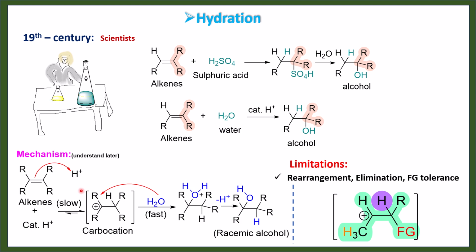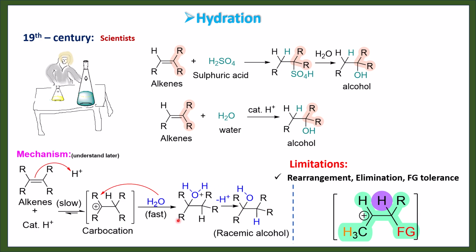According to Markovnikov, the first step is slow in the presence of the catalyst: protonation happens and gives the most stable carbocation, and further water adds to the carbocation. This reaction is fast, gives the product, and further deprotonation gives the alcohol.